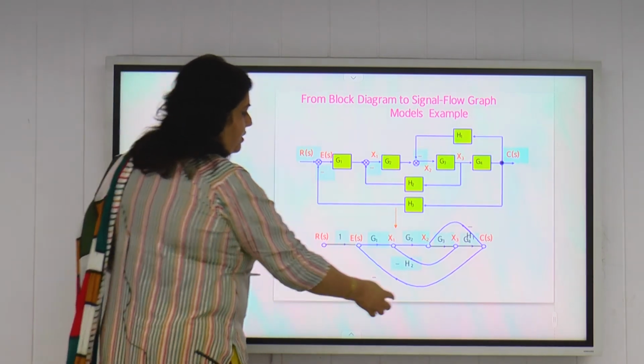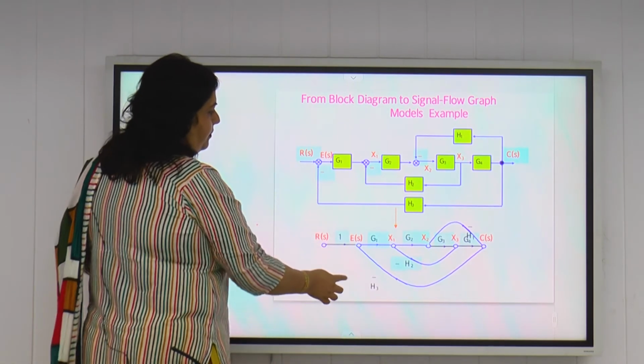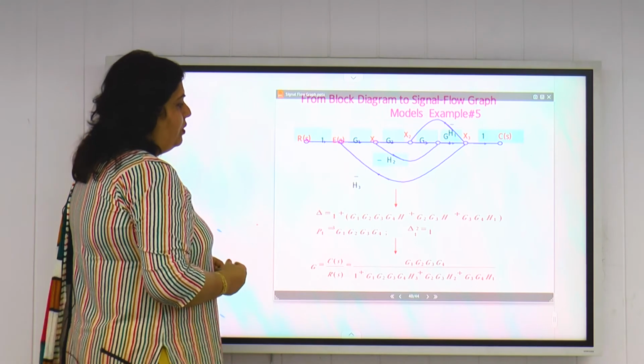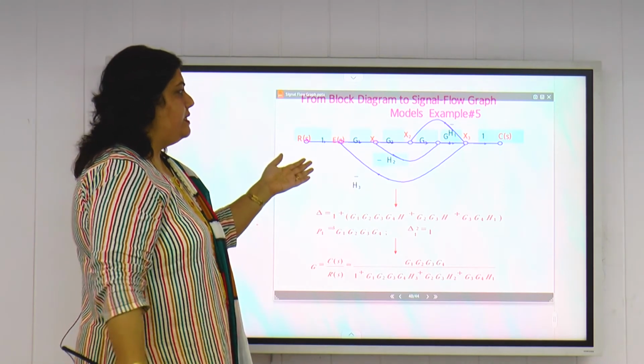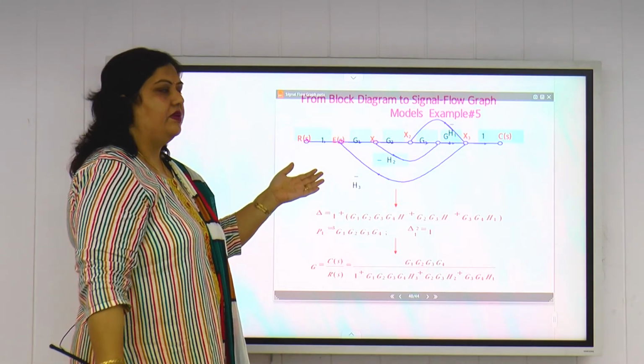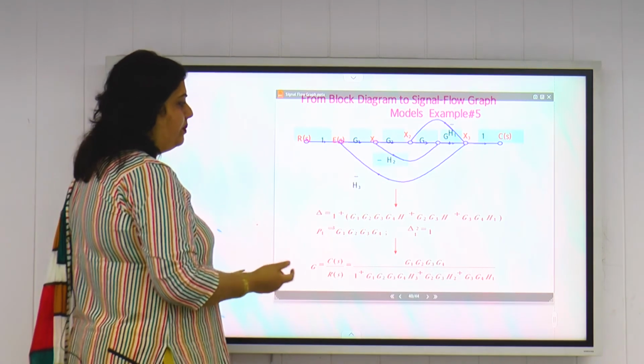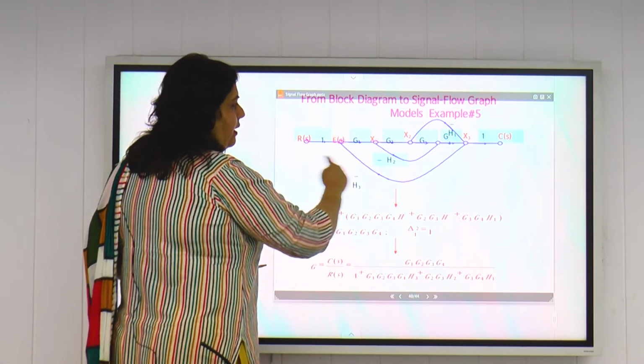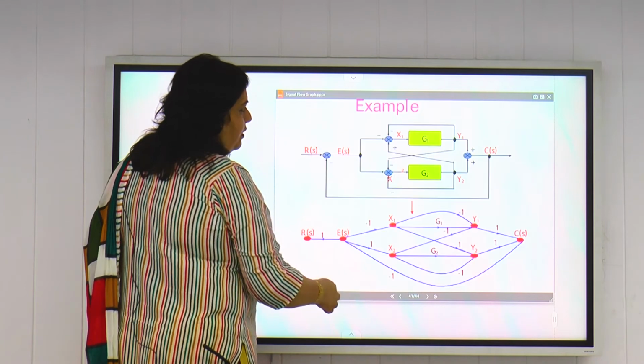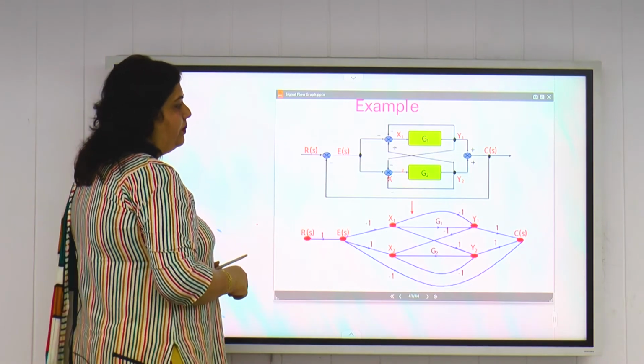This is the only condition we have to remember. So now we can easily find the transfer function of the signal flow graph by applying Mason's gain formula we have already discussed, by identifying the forward paths, loops and non-touching loop pairs.